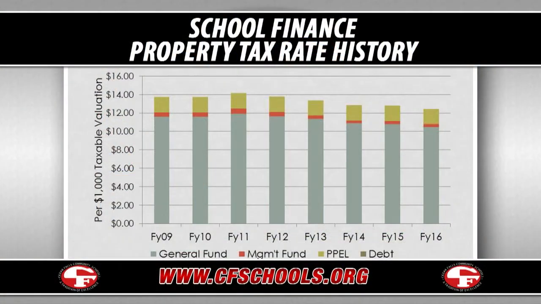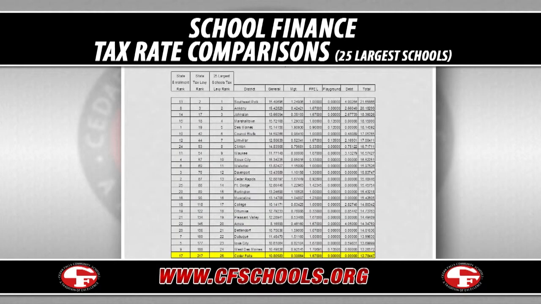So you can see over the last half a dozen years or so, we've been able to continue to slowly reduce our property tax asking on a per thousand basis, and we're proud of that. We've got some graphs that'll talk about where we rank in the top 25 school districts in size across the state, and there you can see that right there.